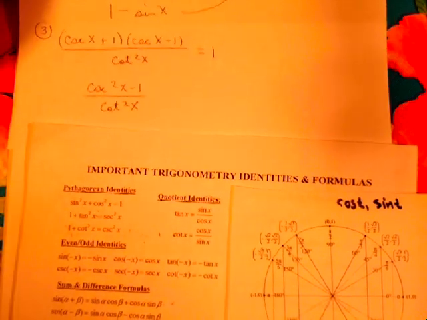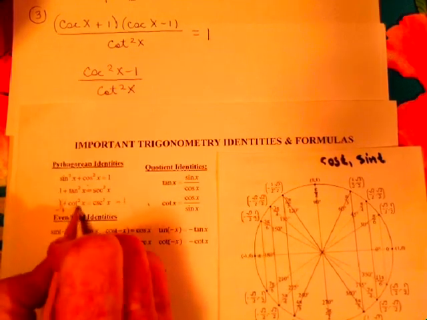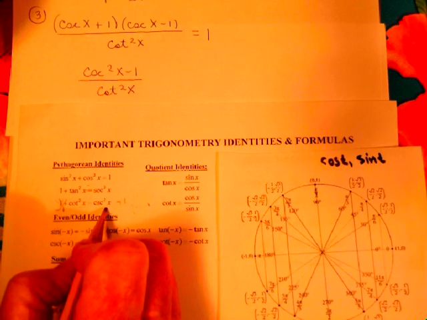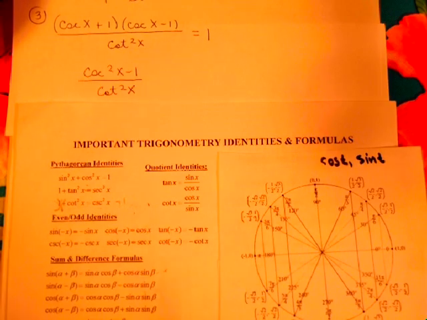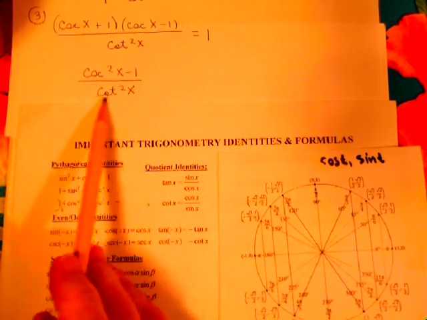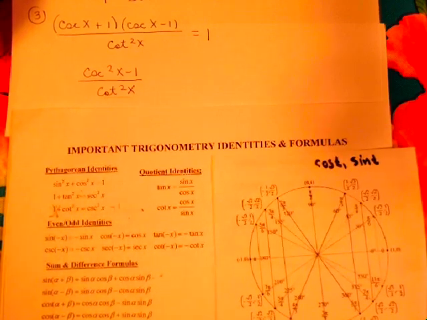If I subtract 1 from each side, I will have cotangent squared equals cosecant squared of x minus 1. That means that in place of cotangent squared in this denominator, I can write cosecant squared of x minus 1.